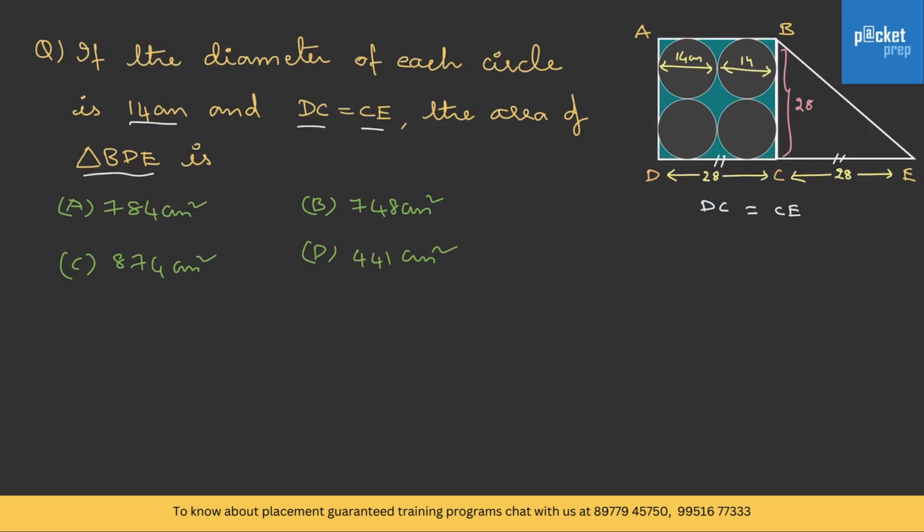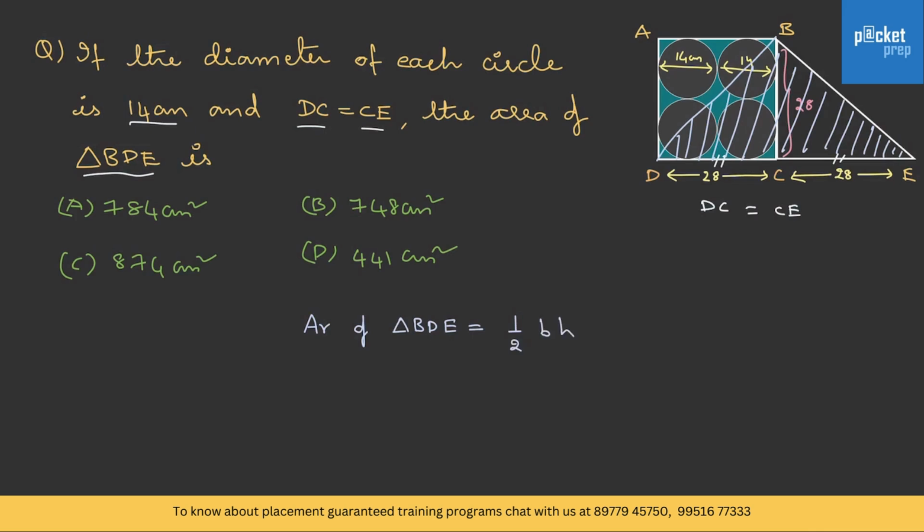And the question asked is to calculate the area of triangle BDE. So BDE means this triangle, the shaded region. So I can write area of triangle BDE equals half base into height. Now for this we need to know the base.